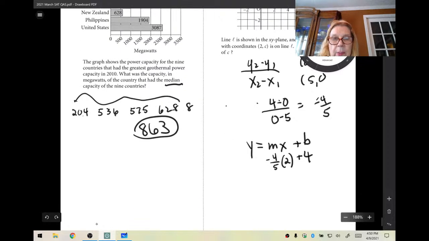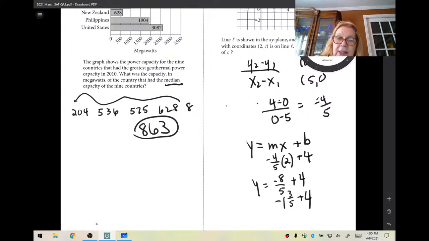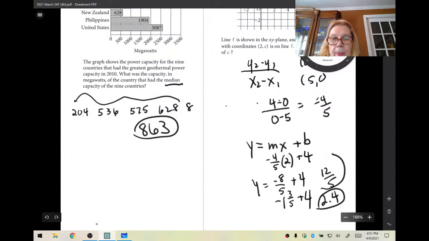So when we put it in, we're going to get negative 8/5 plus 4. This is negative 1 3/5, so the answer would be 2 2/5. The answer was 12/5 or 2.4. Yeah, 12/5, or if you use a decimal, 2.4. I'm just adding these two numbers, which makes sense.